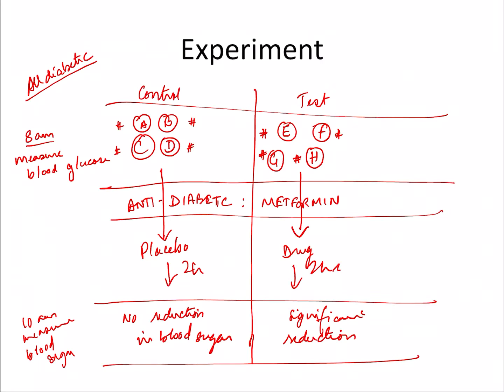Okay. So what you're able to do is you're able to show that with your variable, which is blood sugar levels, right? Your intervention, which is the drug, it causes a change.